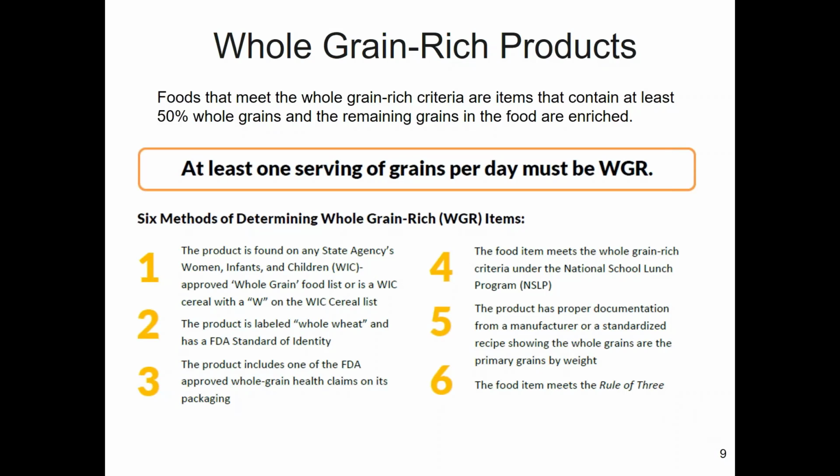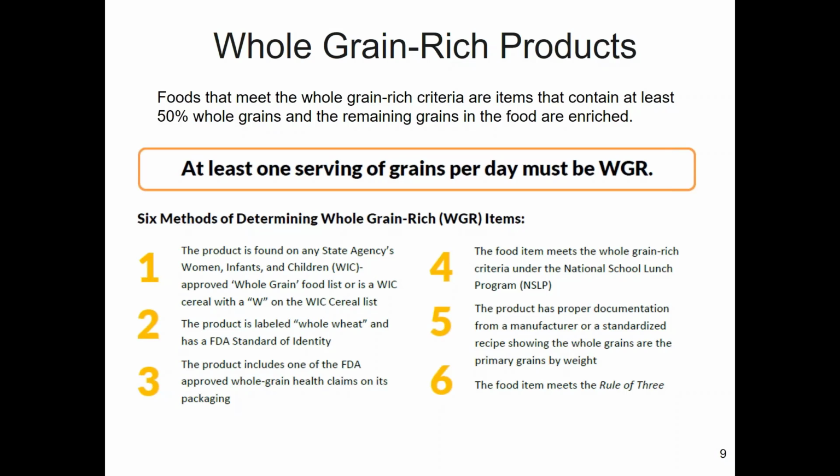They include any whole grain items listed on any state agency's WIC whole grains food list, having a product labeled as whole wheat with an FDA standard of identity, having a product with an FDA approved whole grain health claim on its packaging, meeting the whole grain rich requirements under the National School Lunch Program, having proper documentation from a manufacturer or a standardized recipe showing whole grains are the primary grains by weight for a grain item, and finally, meeting the rule of 3.